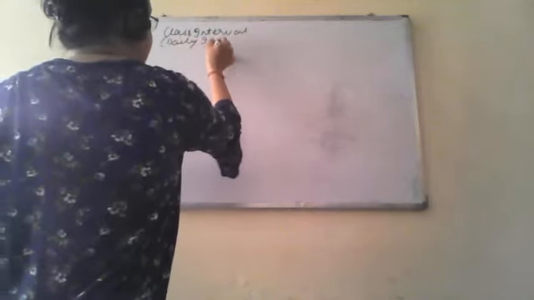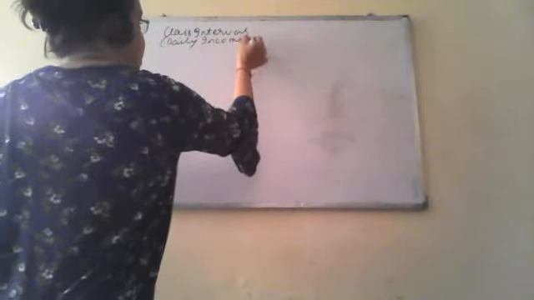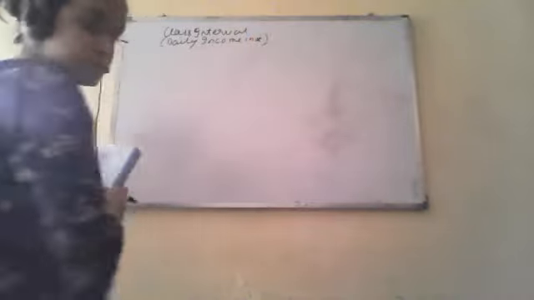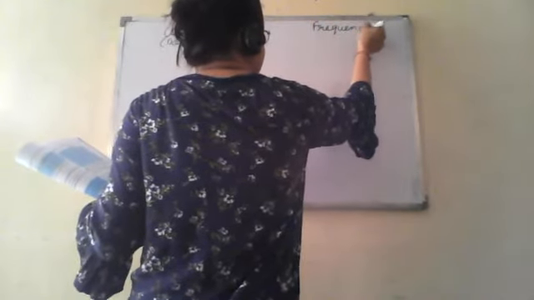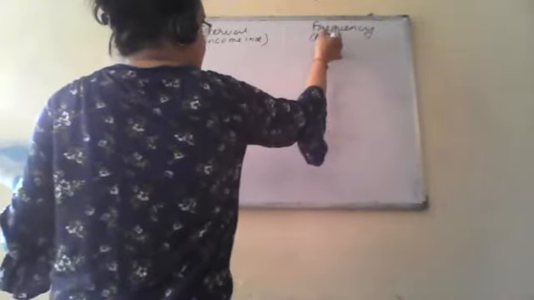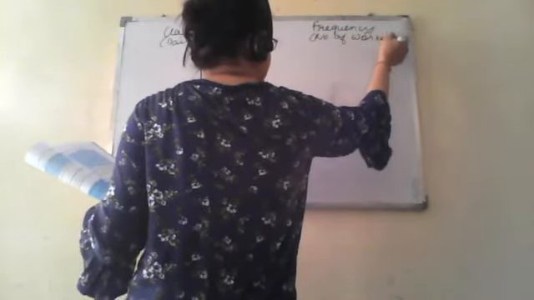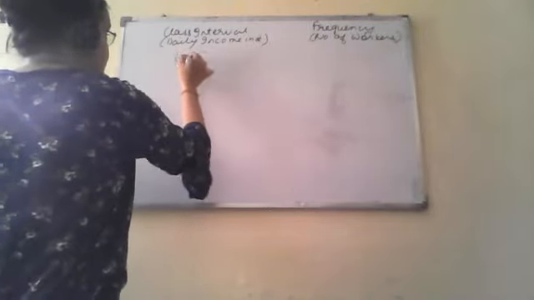It represents the daily income in rupees, and this is the frequency, that is, the number of workers. Clear?